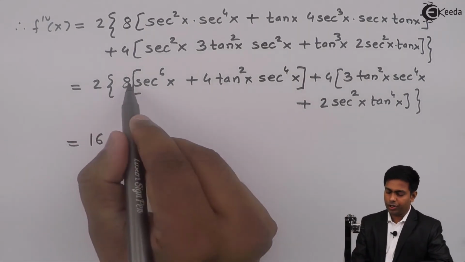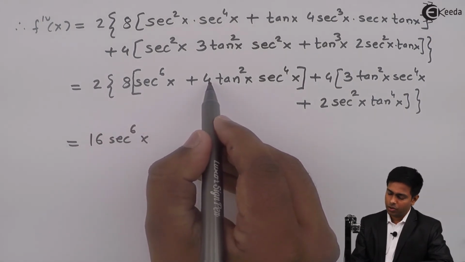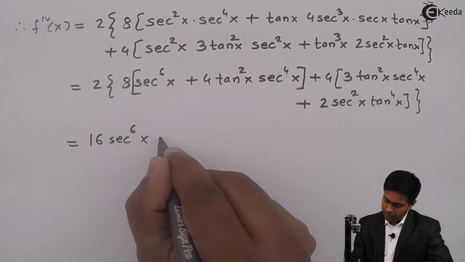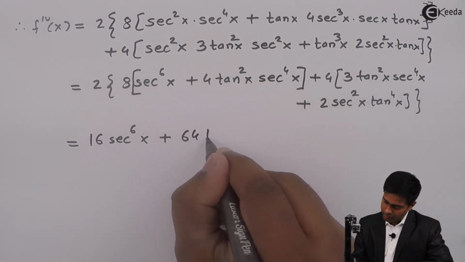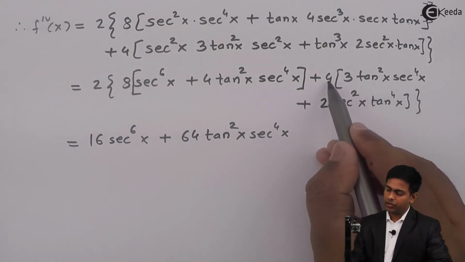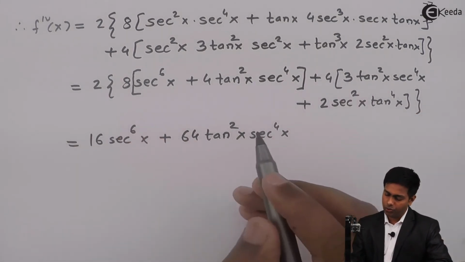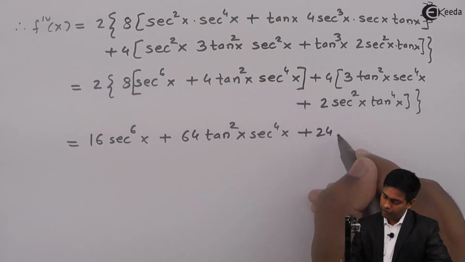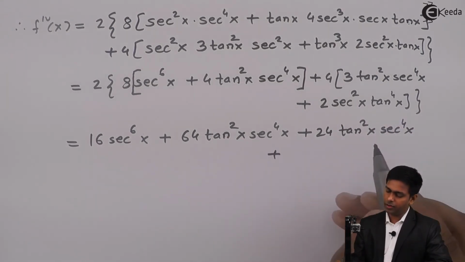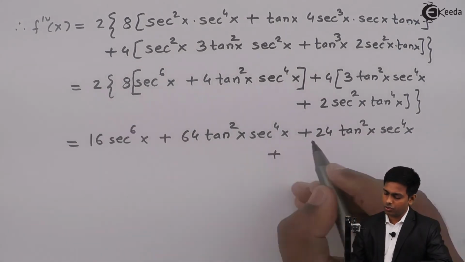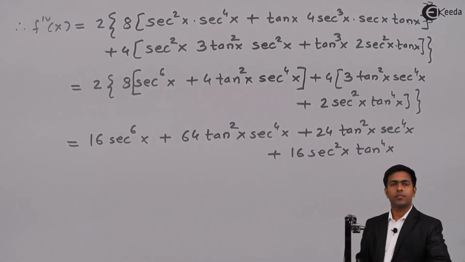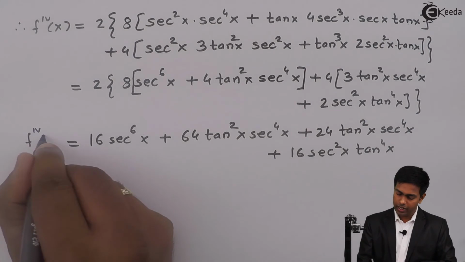Here we'll get 2 into 8, 16, 16 into 4, 64, so 64 times tan square x sec raised to 4x, and here I'll write plus 64 times tan square x into sec raised to 4x. Now 3 into 4 is 12, into 2, so 24 times tan square x sec raised to 4x, and the last term will be 4 into 2, 8, into 2, 16, so 16 times sec square x tan raised to 4x. So this is the value of f fourth dash of x.